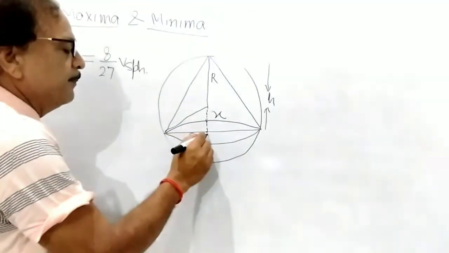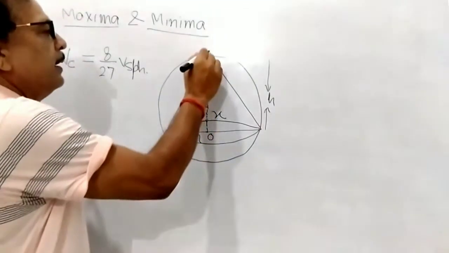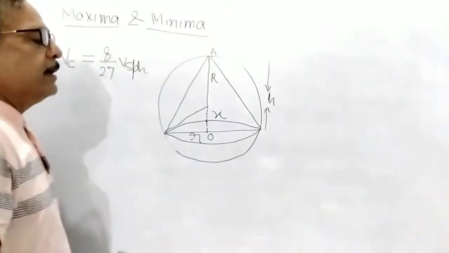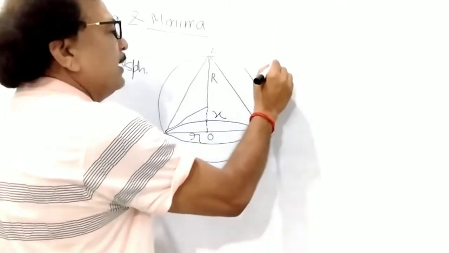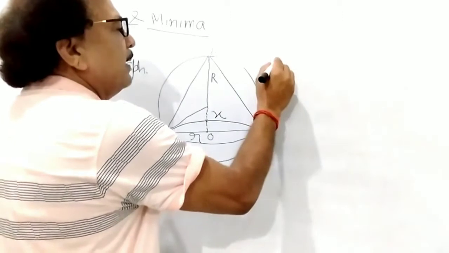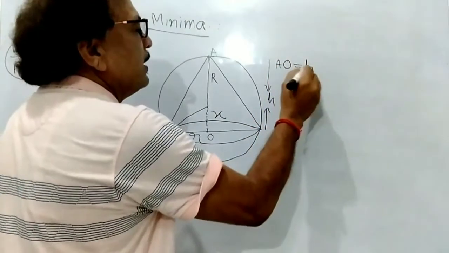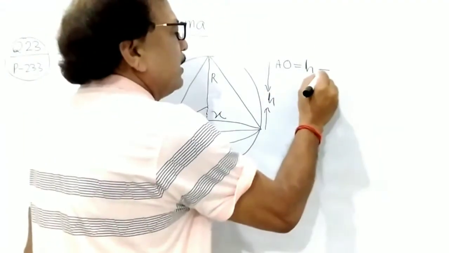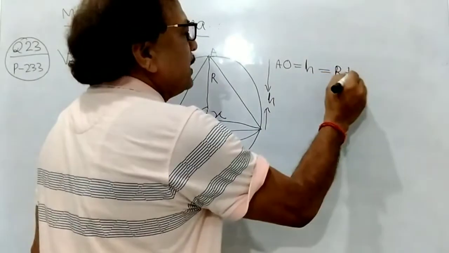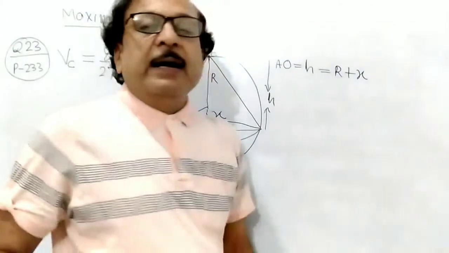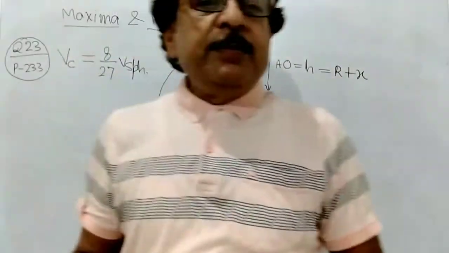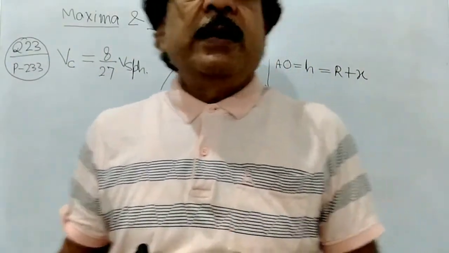Let this be OE. The height AO is h, and this height is R plus x. The height of the cone is R plus x.